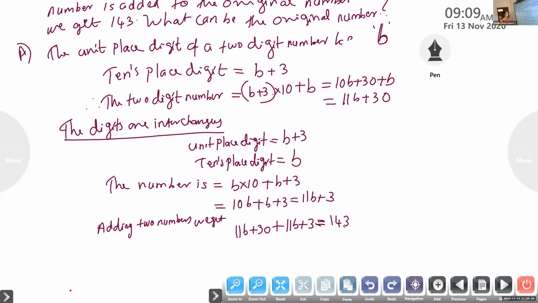Try to solve. 11B plus 11B is 22B plus 33 equal to 143. 22B equal to 143 minus 33. So 22B equal to 110.